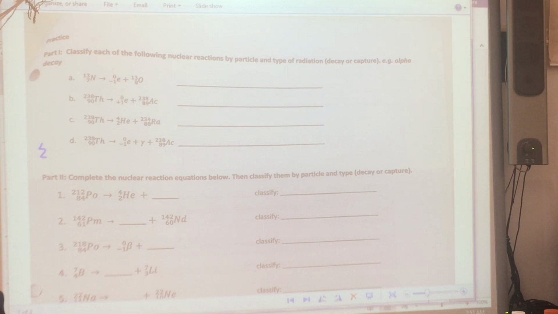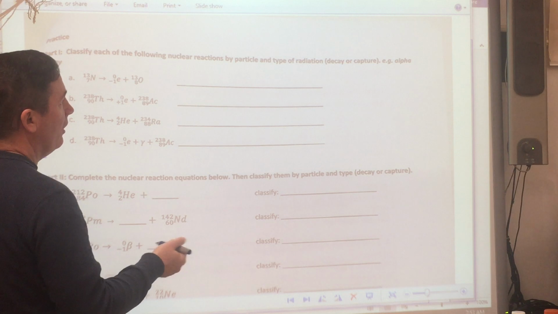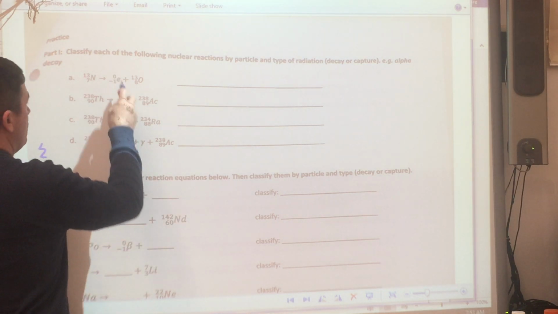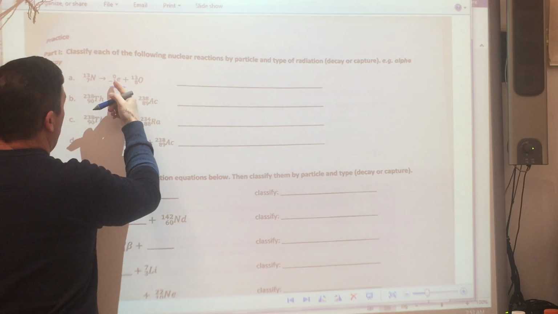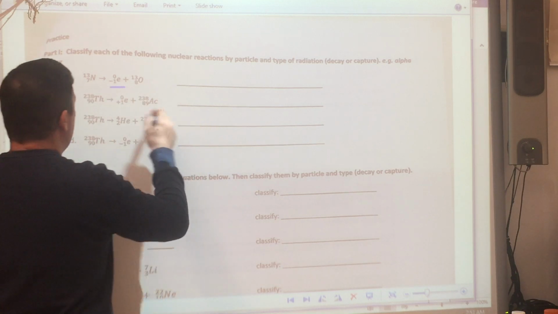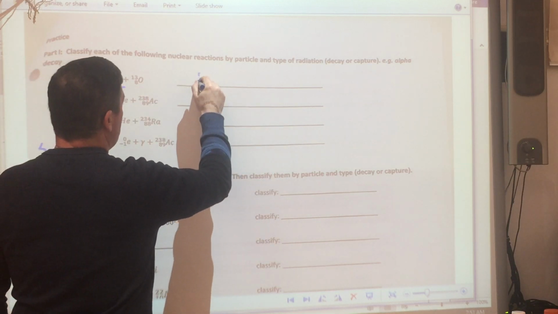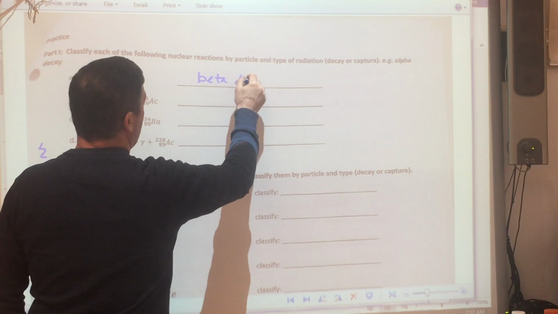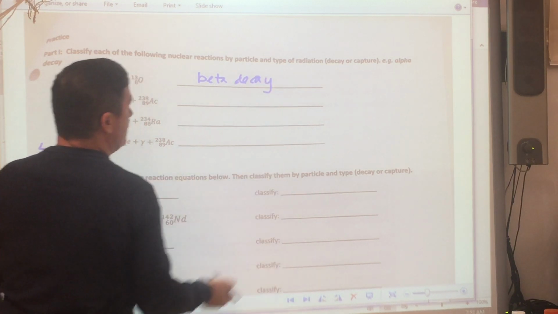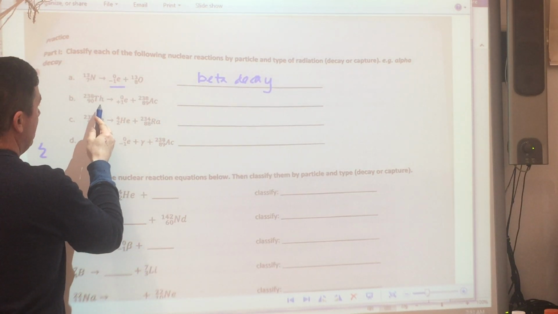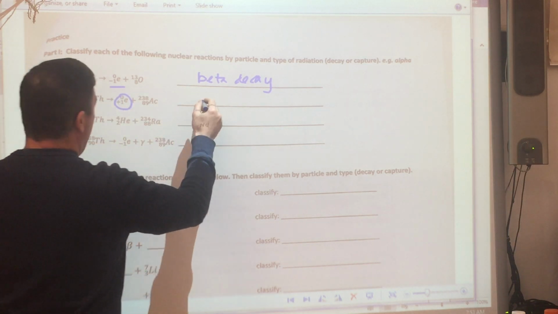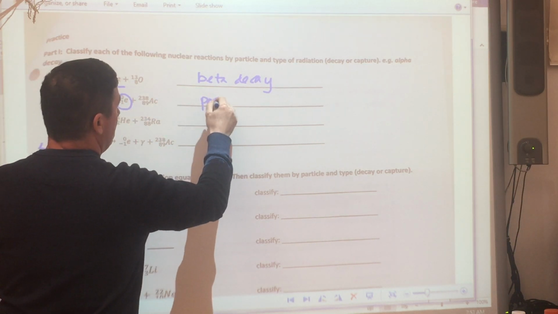And I think I did the first one for you. All of these are decays, okay? So really all you had to do is identify what the particle was that was being given off during the decay. So this one's a beta. So all of these are decays. So this is a beta decay. What's this one? That's a positron.